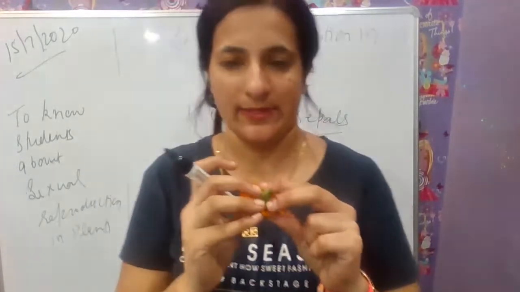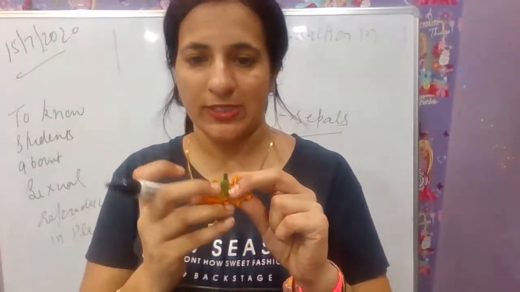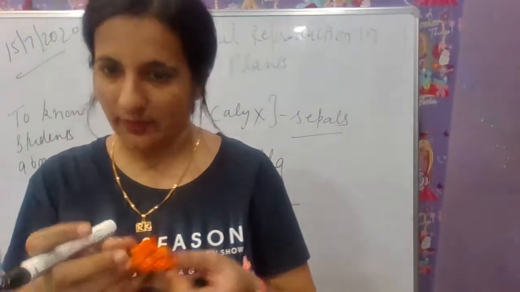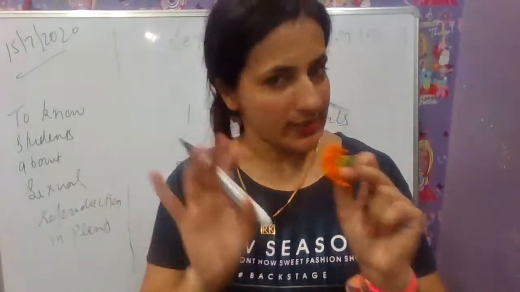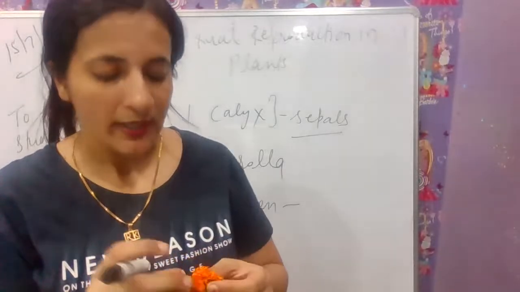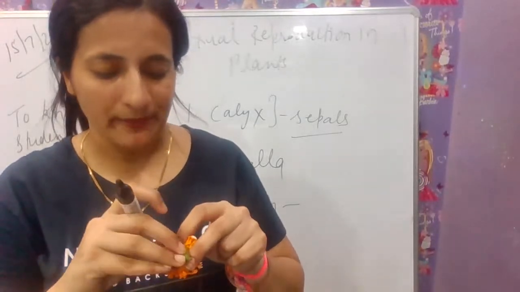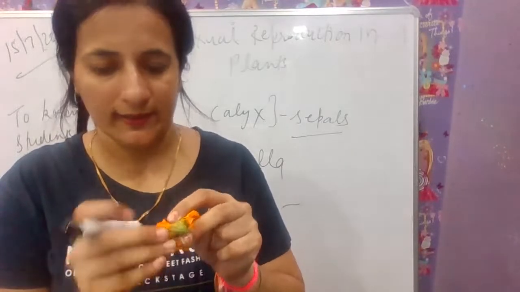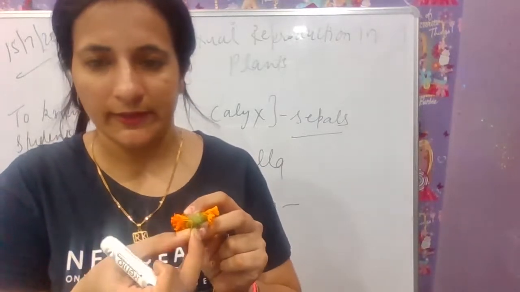Then this is the thalamus, the swollen structure where all the parts of the flower are inserted. I already discussed this yesterday. It is only a revision or recap of the topic. Then I discussed the sepals. These are green in color. Here you can see the green color.